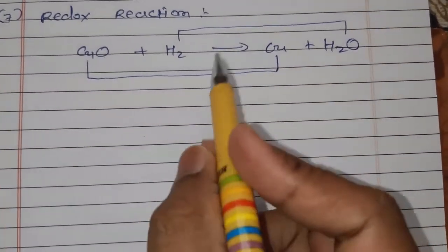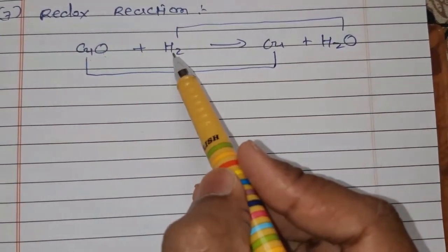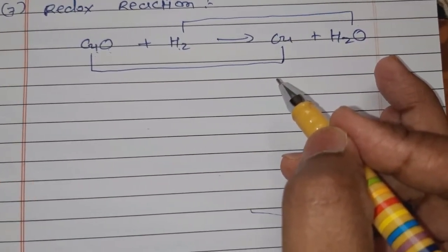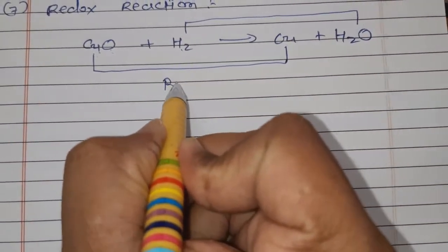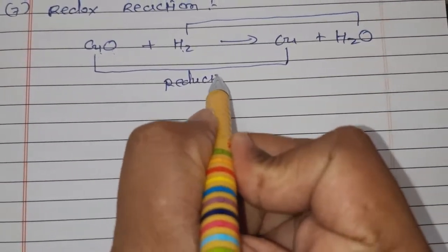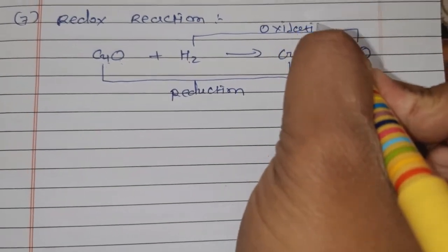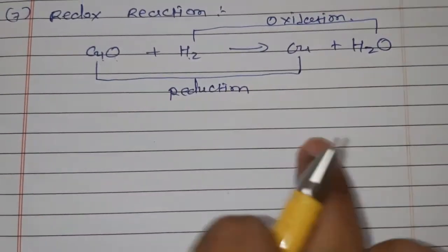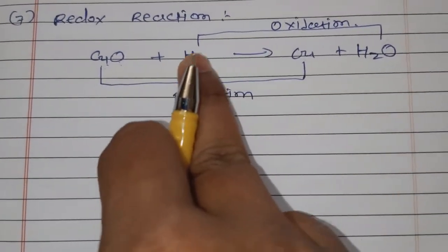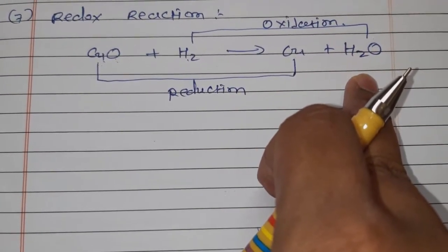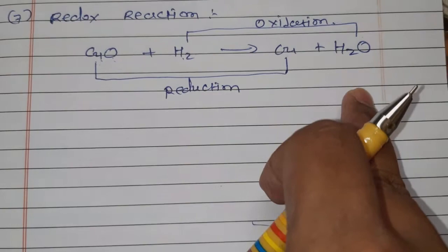Oxygen is added to the hydrogen, and oxygen is removed from the compound, which is a reduction reaction. So here this is the reduction and this is oxidation. We can say that copper gets reduced and hydrogen gets oxidized. So this reaction is known as a redox reaction.